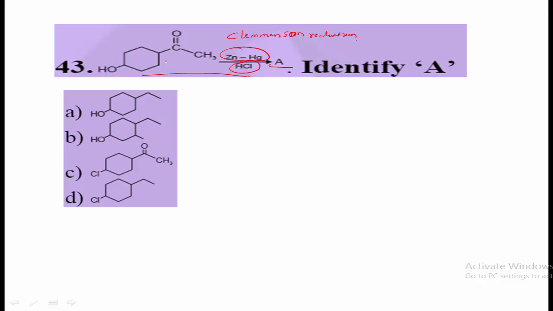So by simply observing the options, you can write the answer. OH is converted into Cl, and the ketone group is reduced to a hydrocarbon. Therefore, which option is right? Option D is the right answer.